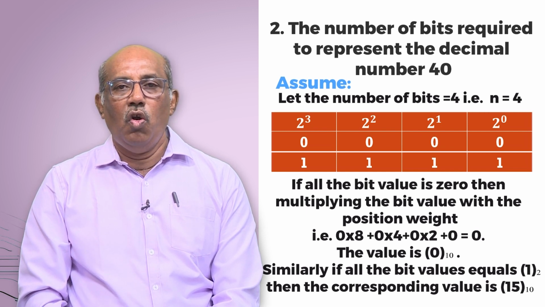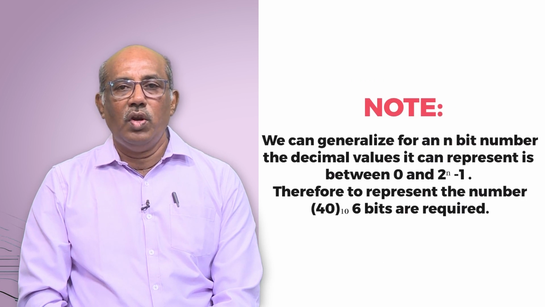Similarly, if all the bit values are equal to 1, then we have seen that the corresponding decimal value will be 15. Therefore, we can generalize that for an n bit number, the decimal value it can represent is between 0 and 2 raised to n minus 1.